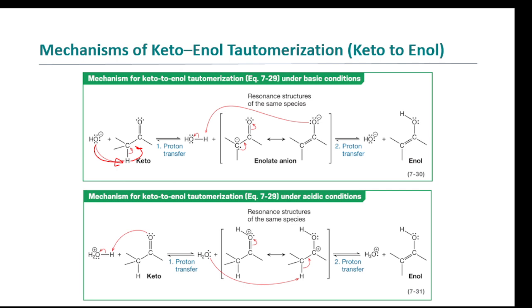But what did we see when we had a double bond next to a charged thing? Double bonds are delocalized electrons, right? They can move around. So what's going to happen is it's going to actually make this resonance structure, which is called the enolate anion. Everybody recognize the naming for these things?